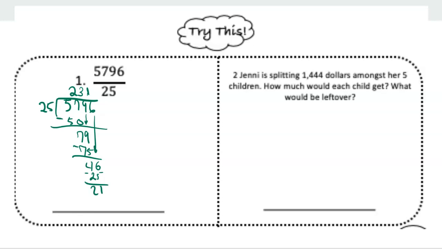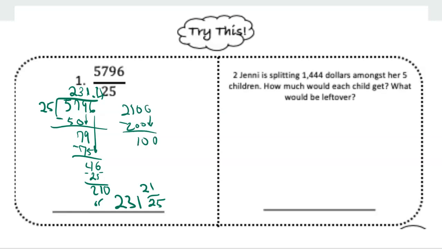So I'm going to write my answer as a mixed number, 231 and 21/25. Or you could bring down another 0, put in a decimal point. Goes into 210 4 times. Minus 200. Bring down another 0.